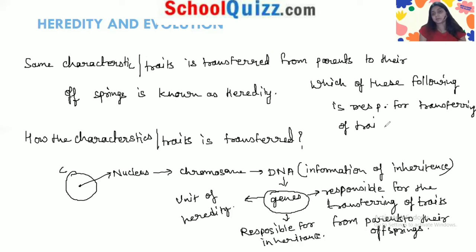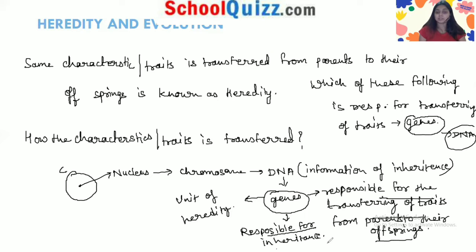So you will mark the gene. Okay, gene. And if the gene option is not there, you will go with the DNA. So this is how you can deal with the questions. Genes are responsible for the transferring of traits from parents to their offspring, responsible for inheritance, and it is called the unit of heredity.